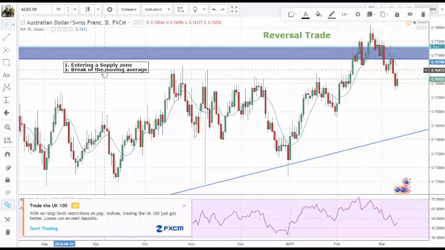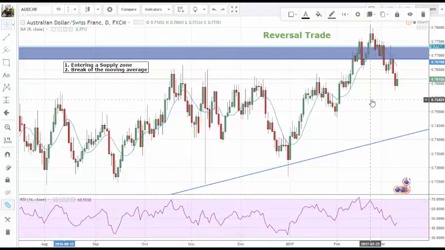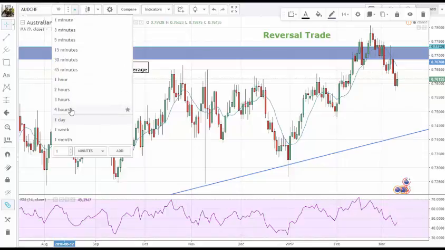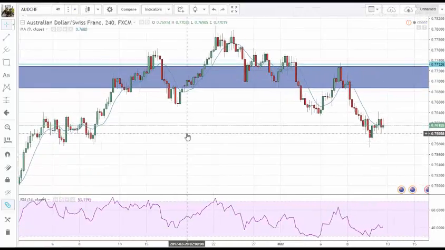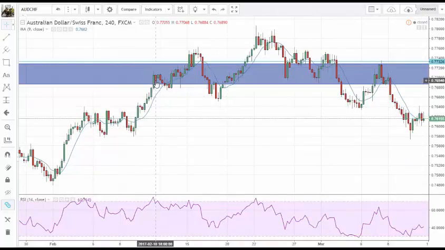Let's collect some clues here. What else do we got? I think we get another clue on a 4-hour chart, and that's the fact that price was making highs. Not really. I was looking for divergence.